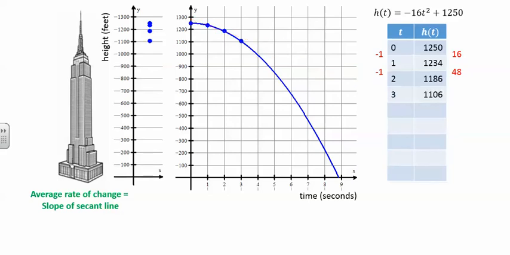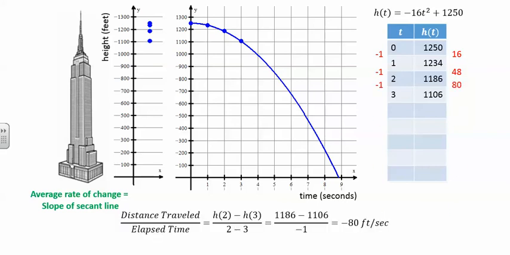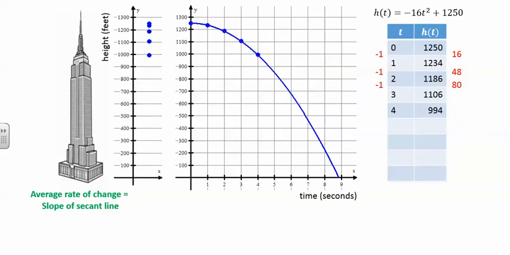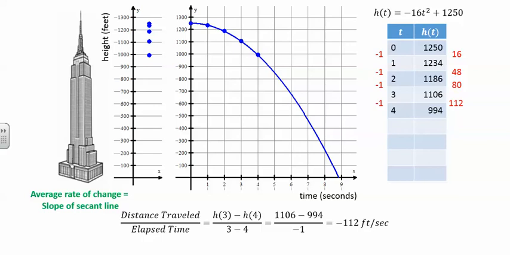At t equals 3, the height is 1106, and the average velocity from t equals 2 to t equals 3 is negative 80 feet per second. From t equals 3 to t equals 4, it would be negative 112 feet per second. And again, this is the same as the slope of the secant line connecting those points.